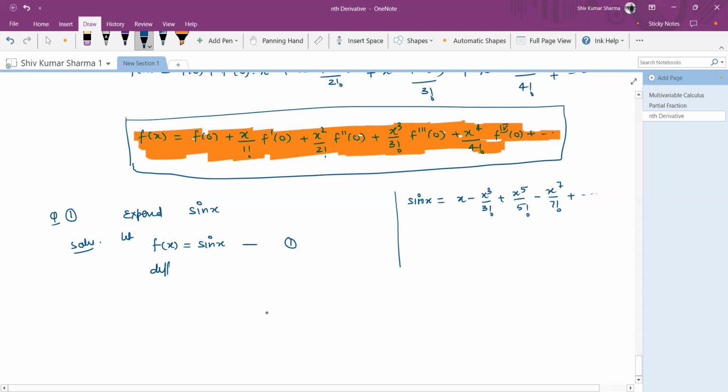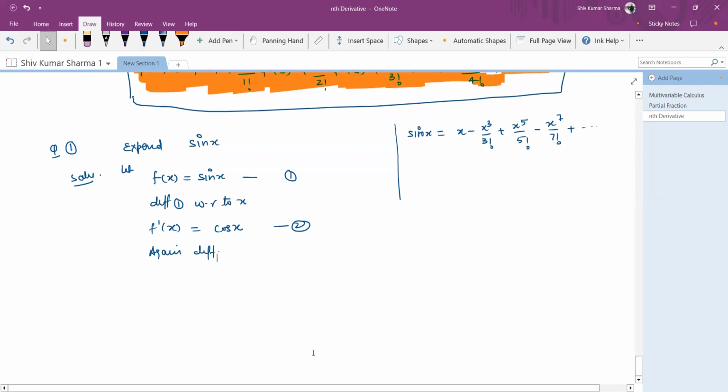Now differentiate 1 with respect to x. The differentiation of sin x, f dash x, is cos x. This is our equation 2. Again differentiate. We differentiate this 3 to 4 times for finding the expansion, so that we write at least 3 to 4 terms of the series.